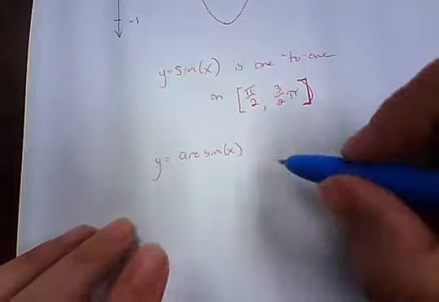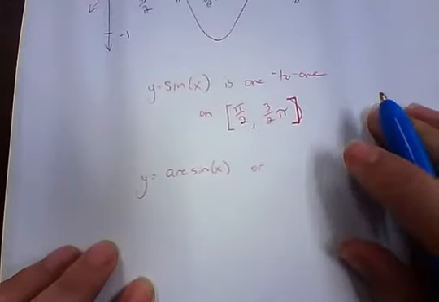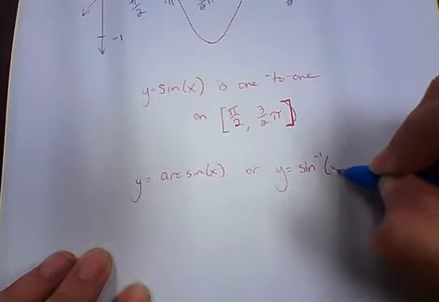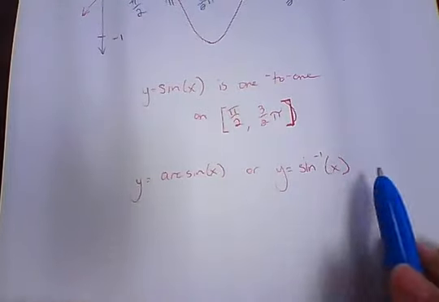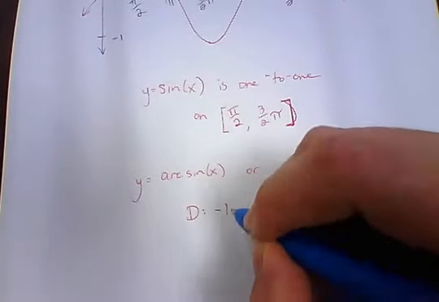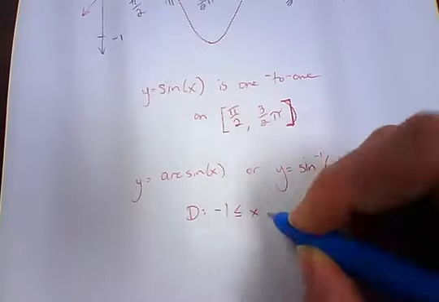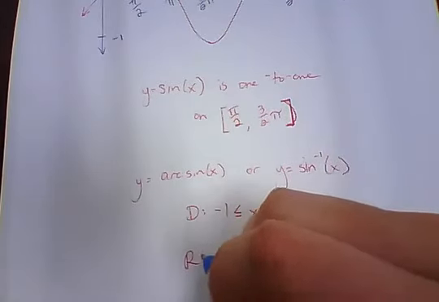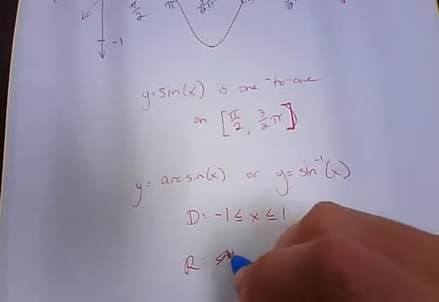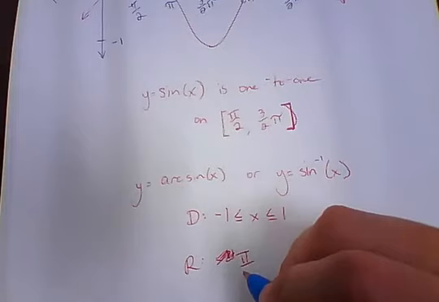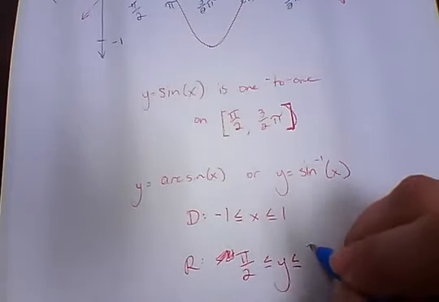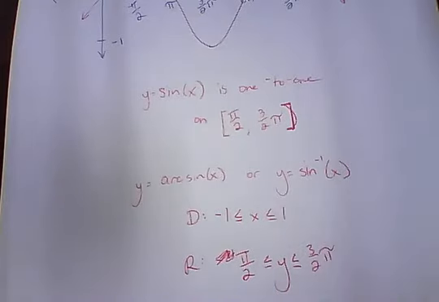Y equals arcsine of x, or in inverse notation, sine to the -1 of x, does exist for the domain of -1 to 1, and the range of this interval, pi over 2 to 3 over 2 pi.